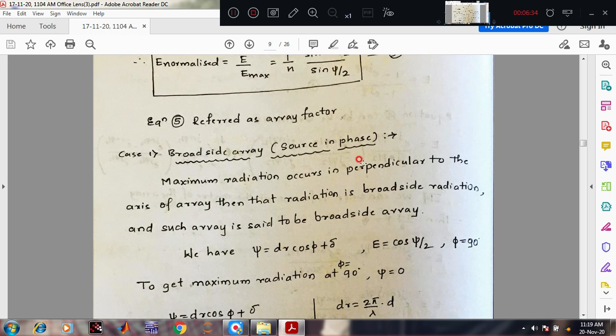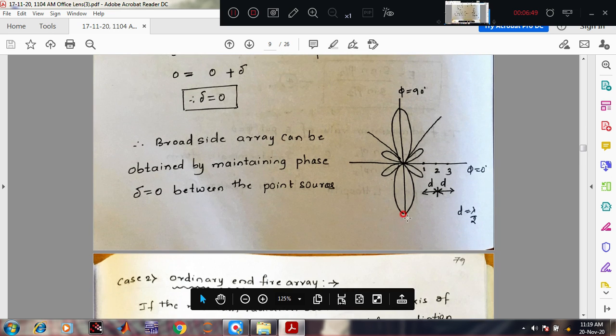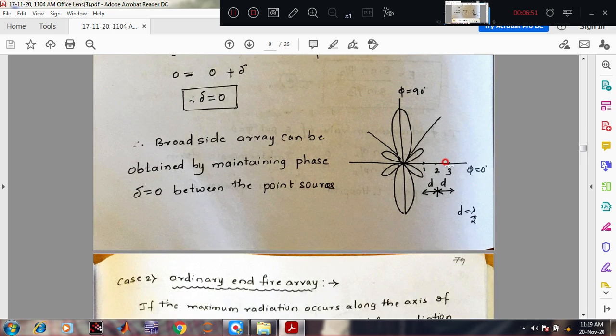That's the definition. Maximum radiation occurs perpendicular to the axis of the array, then that radiation is broadside radiation, and such an array is said to be a broadside array. See here, this is the array axis. Its radiation maximum will be perpendicular to the array axis, which is called a broadside array.